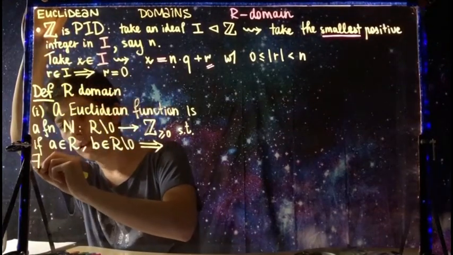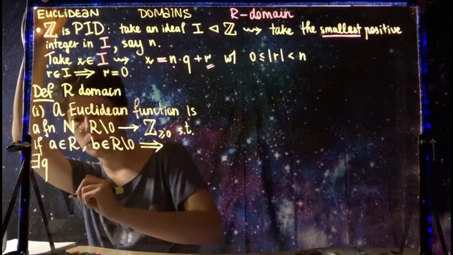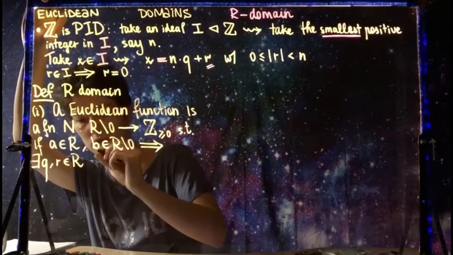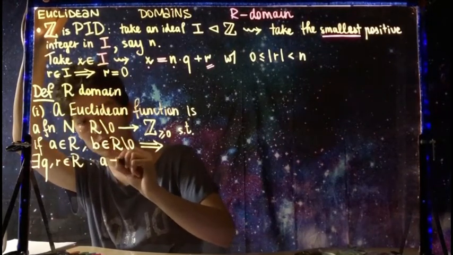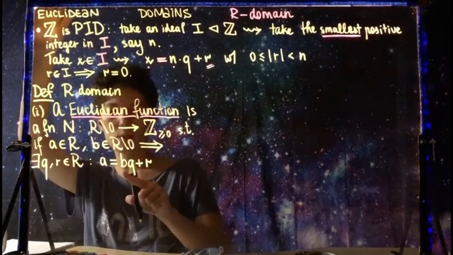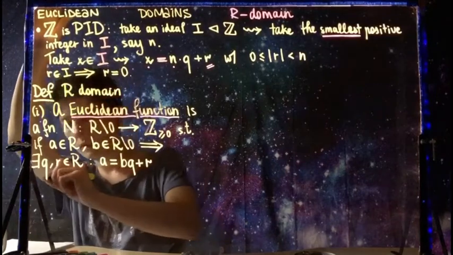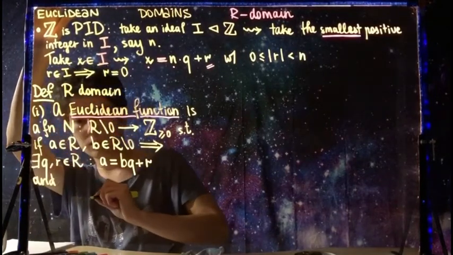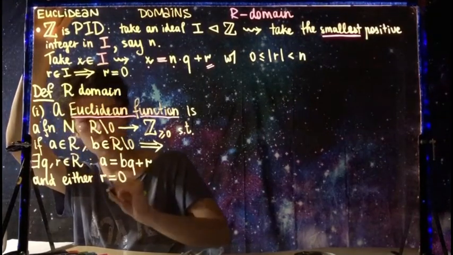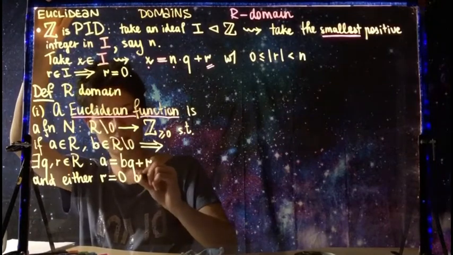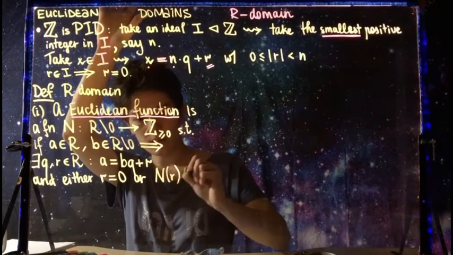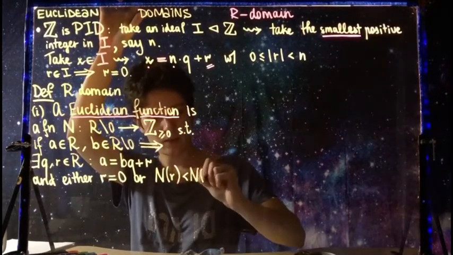So there exists a quotient Q and a remainder R in R, such that A is equal to BQ plus R, and either R is equal to 0, so B divides A, or the size of R is strictly smaller than the size of B.